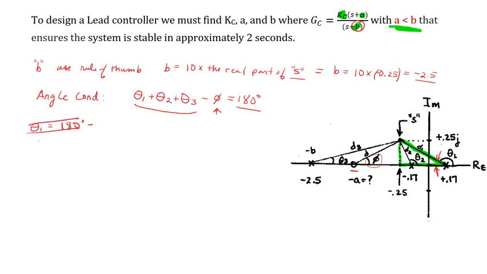Let's call this internal angle theta A. Well, theta A is going to be equal to 180 degrees minus theta 1.